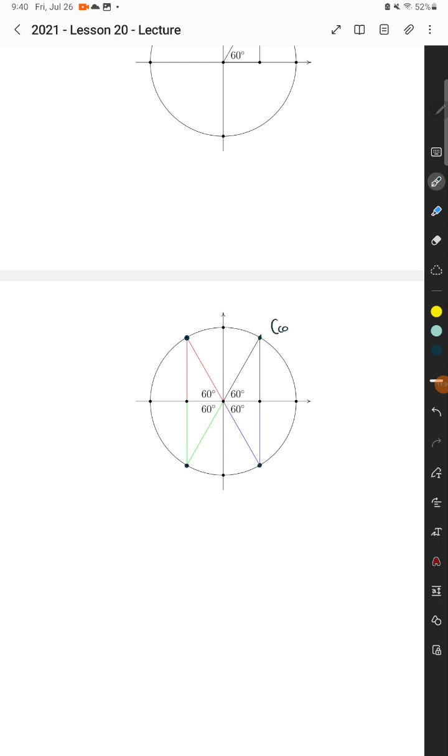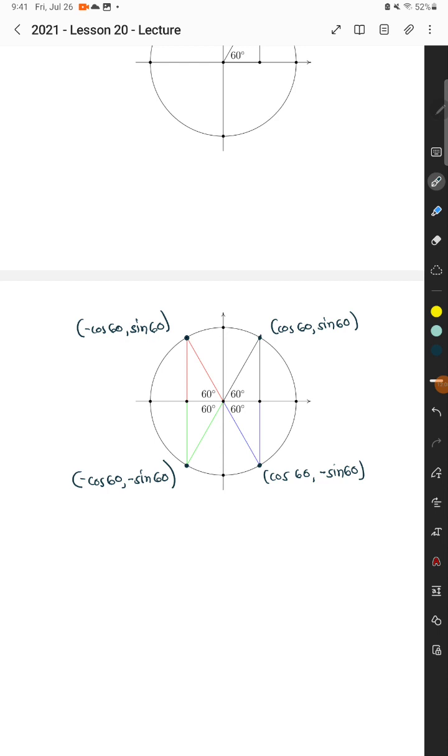So we have here to be cosine 60, sine 60, here to be cosine 60, minus sine 60, here to be minus cosine 60, sine 60, this to be minus cosine 60, minus sine 60.